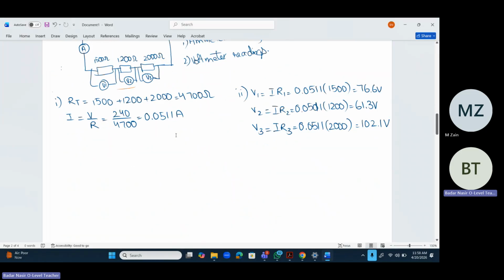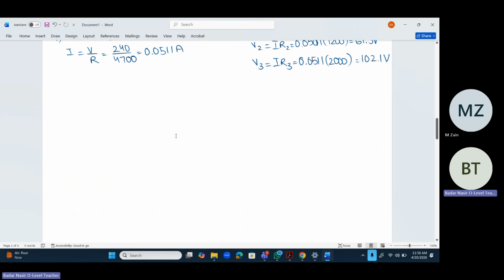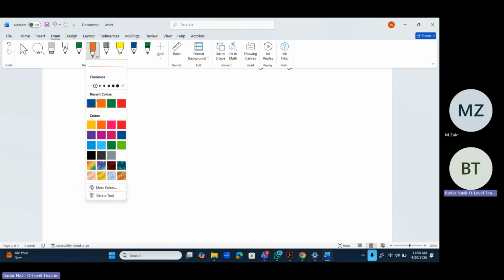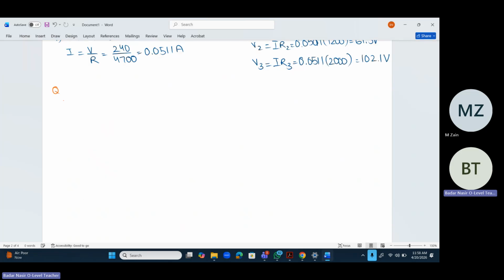Should I give one question for the parallel circuit as well? Let's quickly solve another one. Two resistors are connected in parallel.